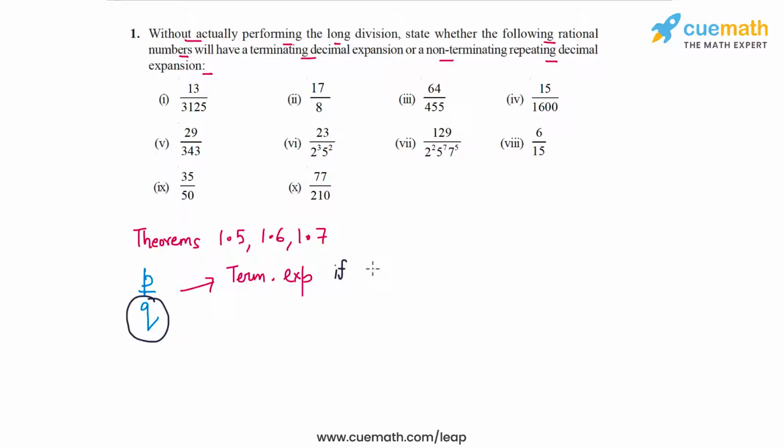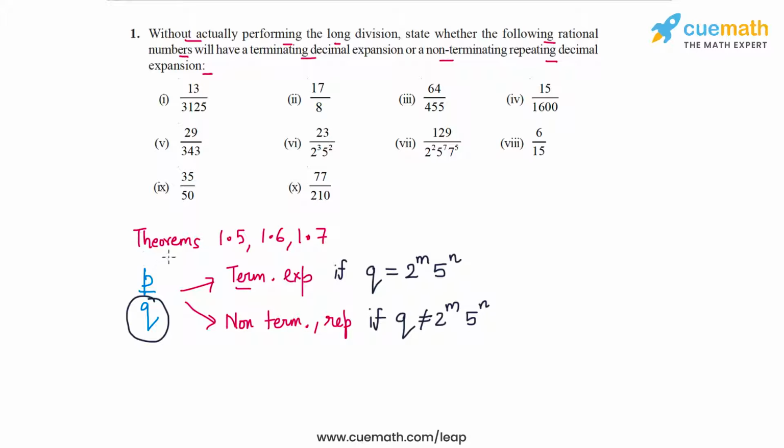In other words, if q can be written in the form 2 to the power m, 5 to the power n, and it has no other prime factors, then p by q will have a terminating expansion, and p by q will have a non-terminating and repeating expansion if q is not of this form, which means basically that when q is prime factorized, it has prime factors other than 2 and 5.